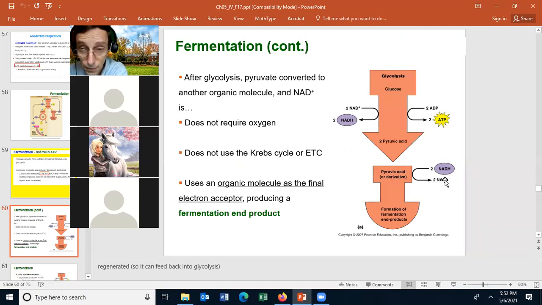Why do you think the cell, when it's undergoing fermentation, doesn't store the NADH up and then just wait until the NADH could be used for aerobic respiration? Why does it use the NADH up in fermentation?